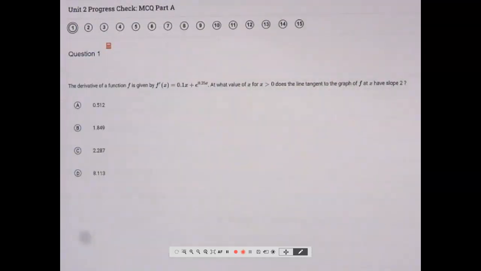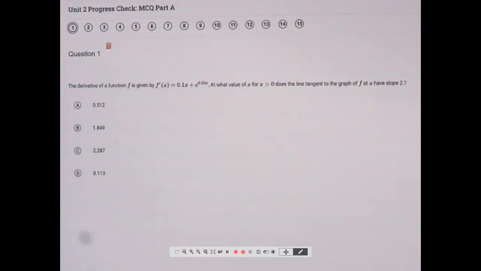Okay, the derivative of a function f is given by f prime here. At what value of x for x greater than 0 does the line tangent to the graph have a slope of 2? How am I going to do this? Plug in the 2 for the x. Okay, do I want to find f prime of 2? No, we already have it.